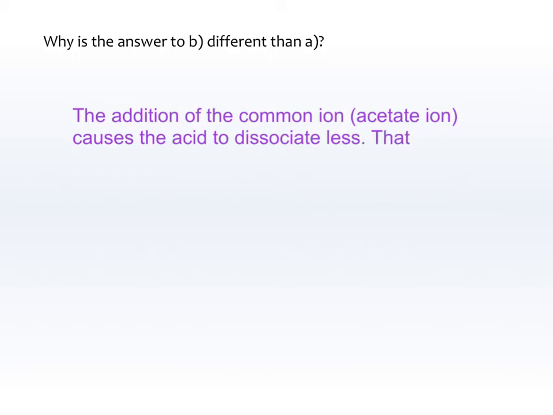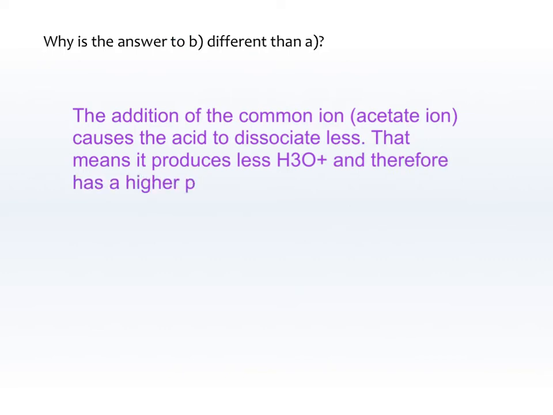That means it produces less H3O+, and therefore has a higher pH. The addition of the common ion, the acetate ion, causes the acid to dissociate less, which means it produces less H3O+ and therefore has a higher pH.